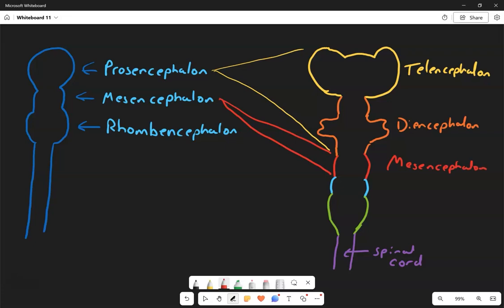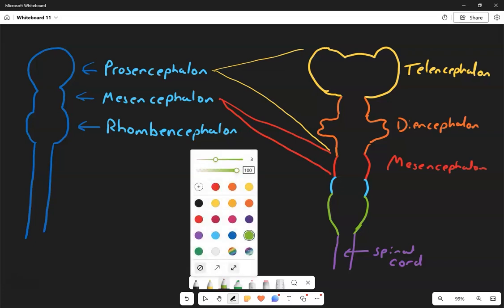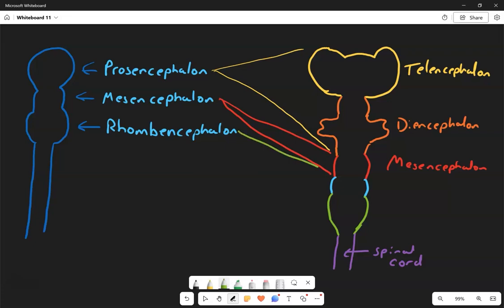Okay. And then you have your rhombencephalon, which is going to differentiate into the metencephalon, and then the myelencephalon.